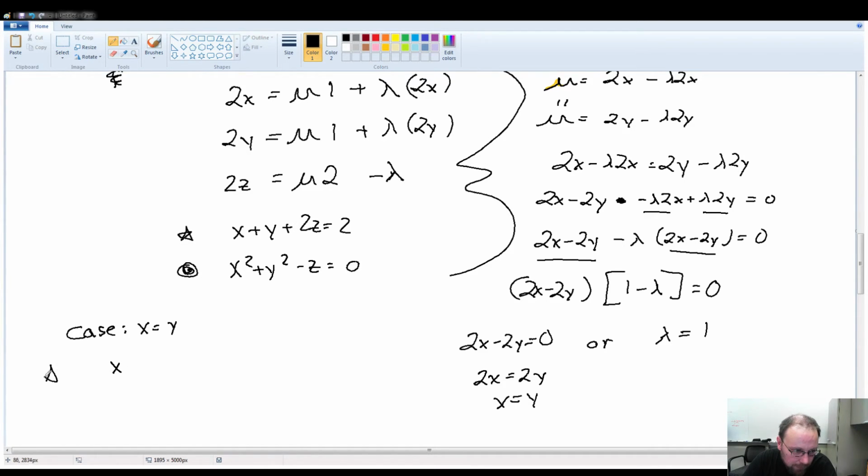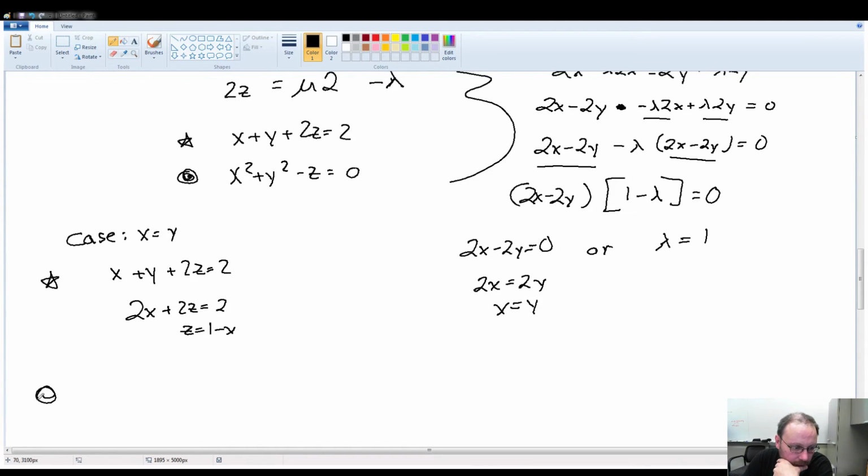So in the star equation, of course we can replace y with x. Okay, so this way we see that z equals 1 minus x. But in the other equation, I can replace y with x, and we'll get 2x squared equals z.